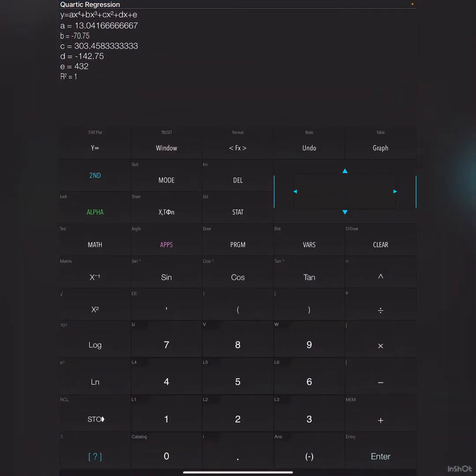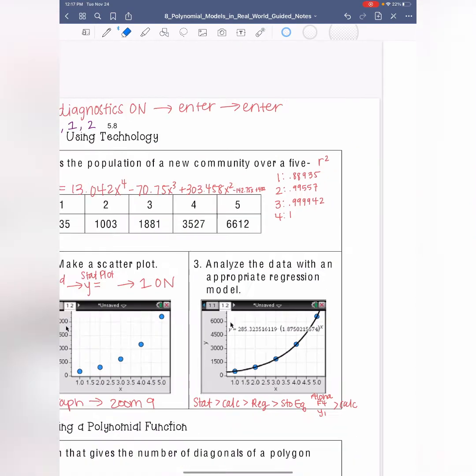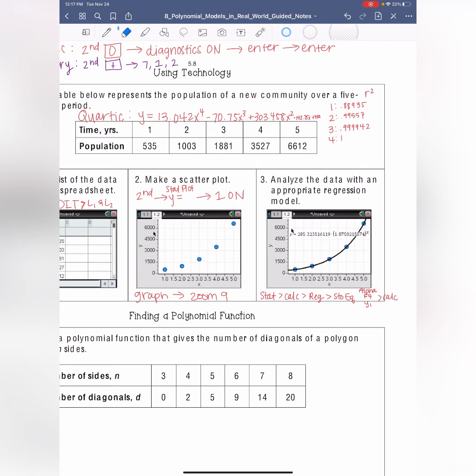Let's double check. Oh, 432. All right, so this is the equation of the best fit model for this data.